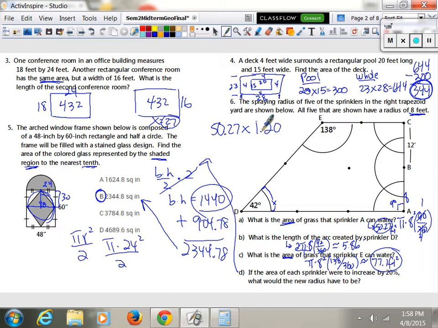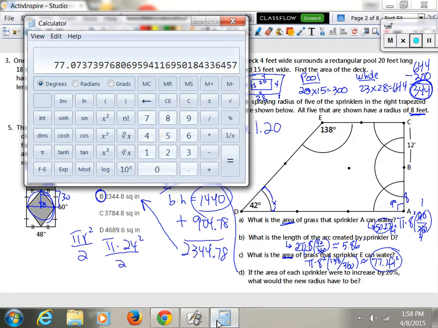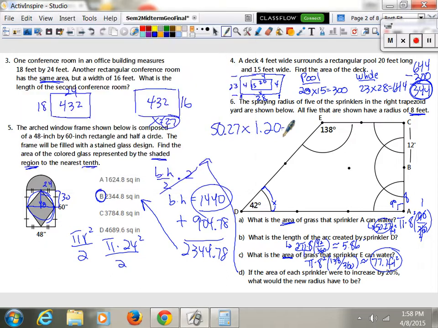I want the whole thing, plus I want 20% more. I want it to go up by 20%. So 50.27 times 1.2, 60.32. So 60.32 would have been my new area.